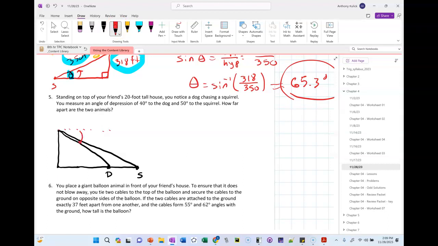So angle of depression is 40 degrees to the dog and 50 degrees to the squirrel.